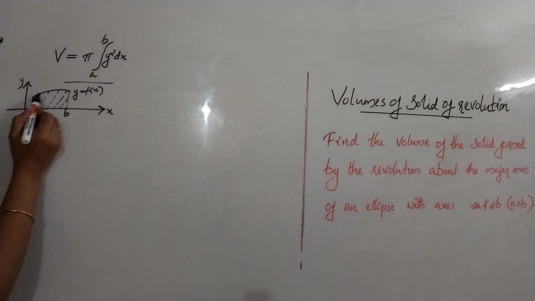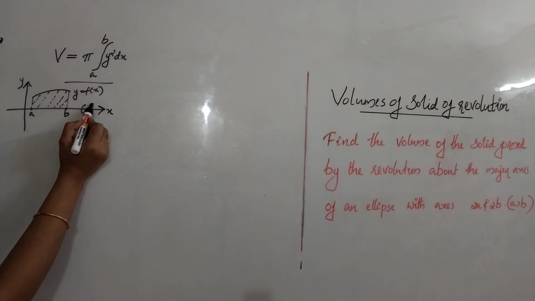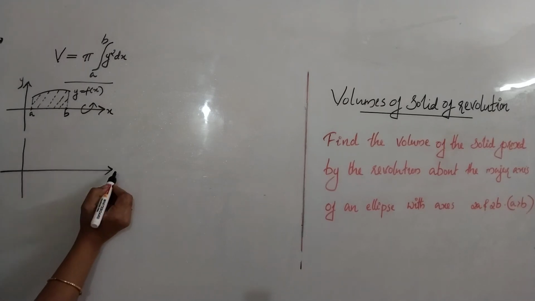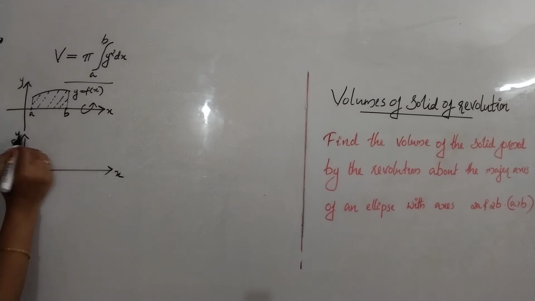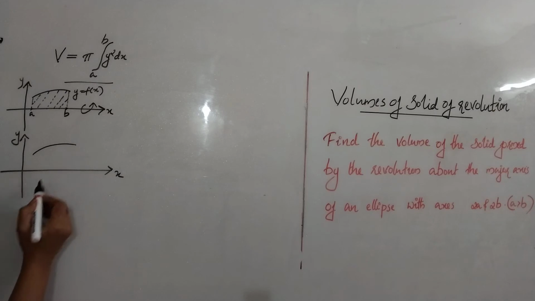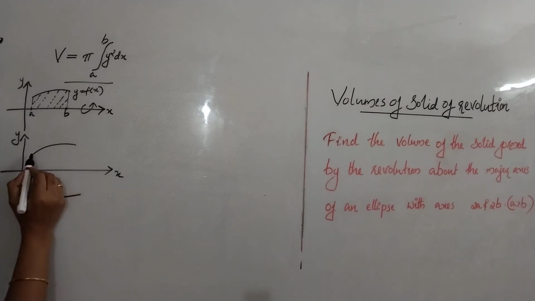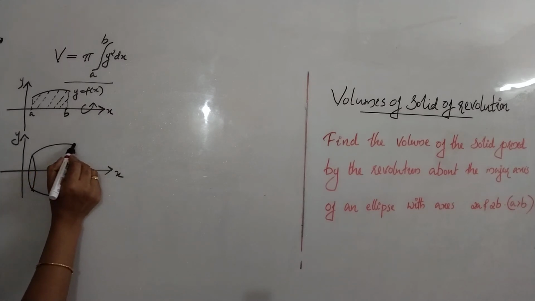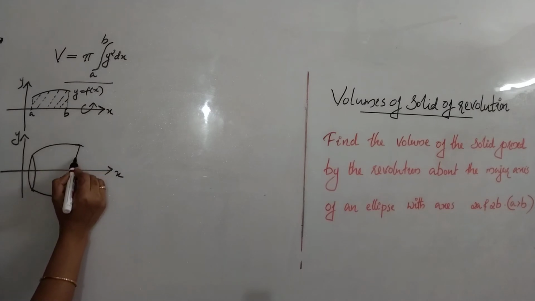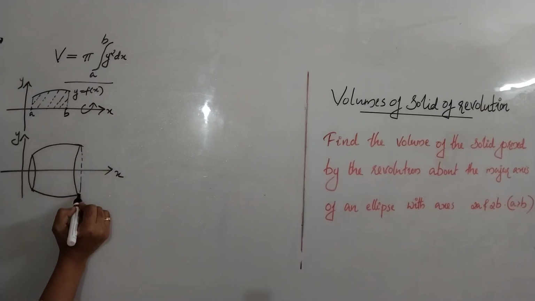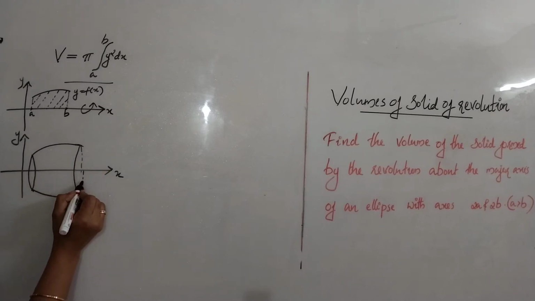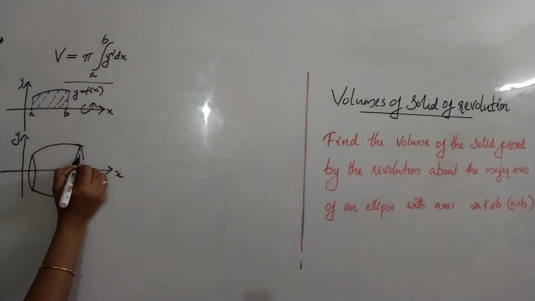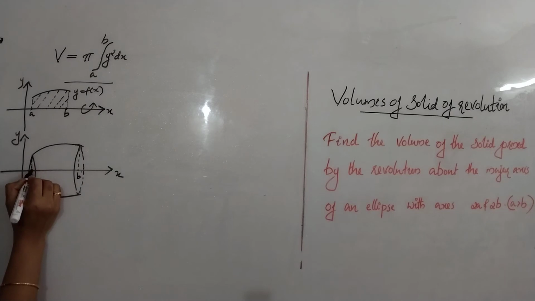If the region is revolving about the x-axis, we get a solid of revolution. This is point B and this is A.